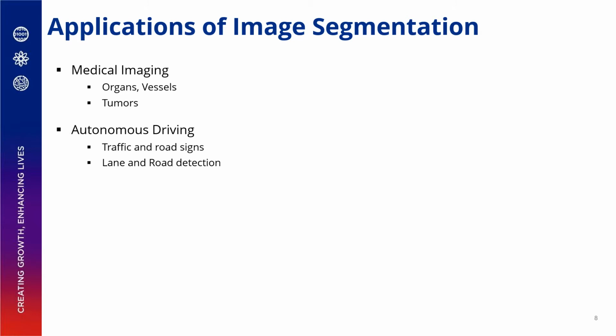So in medical images, we use image segmentation extensively to segment out organs and vessels, even some parts such as brains, livers, kidneys, lungs can be segmented out using image segmentation.